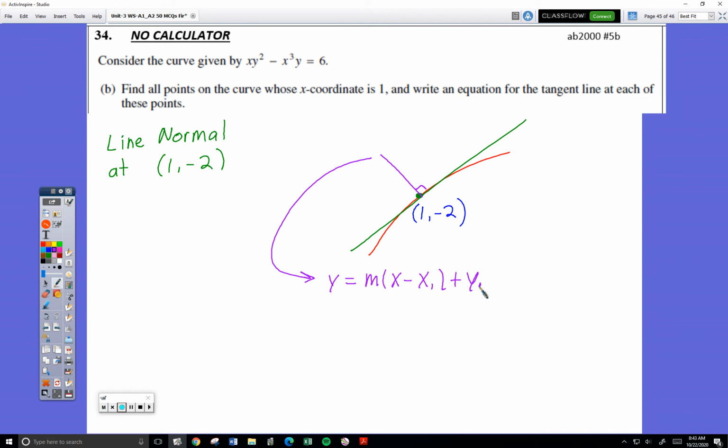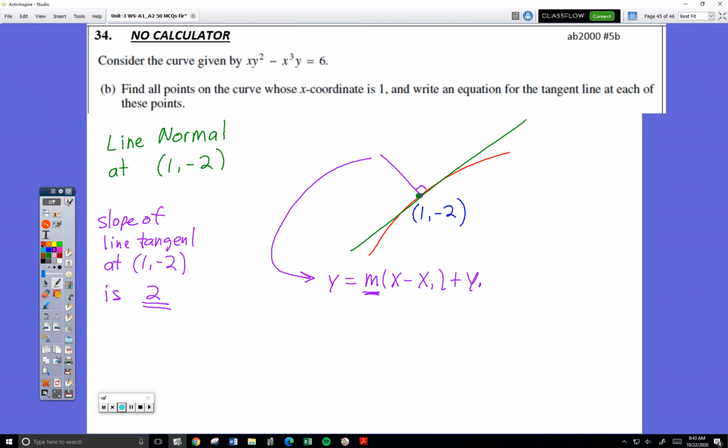We simply need the slope of the line that is normal. Well, we found that the slope of the line tangent at 1, -2, that slope is simply 2.